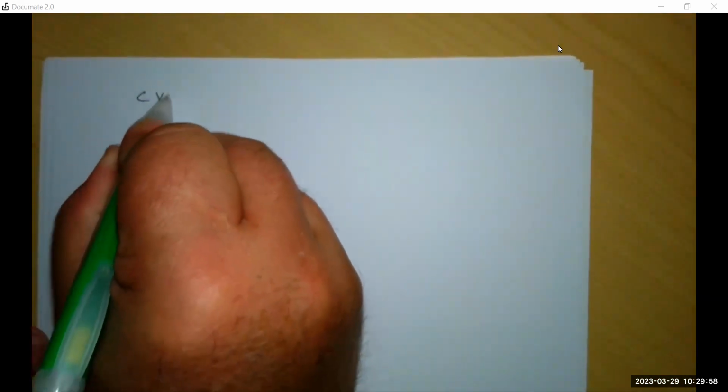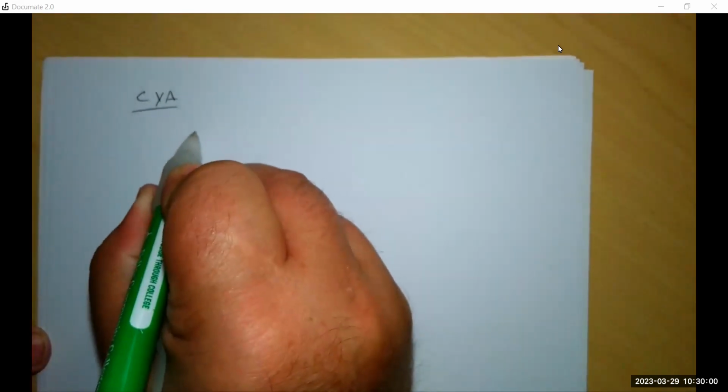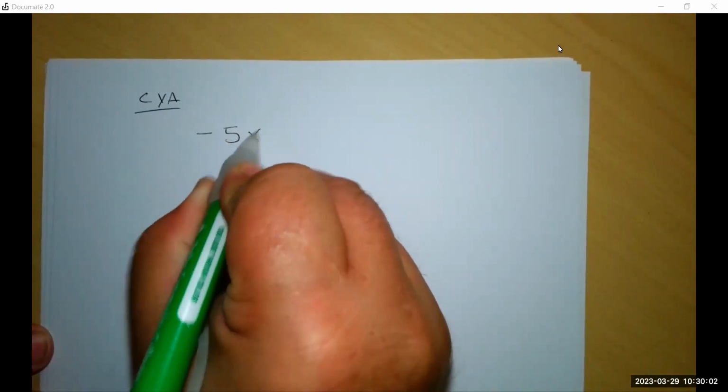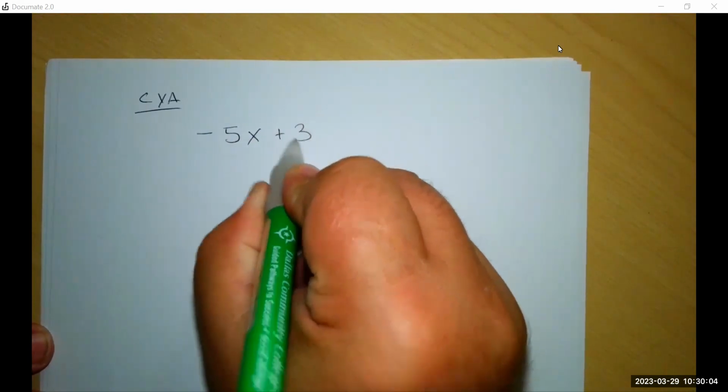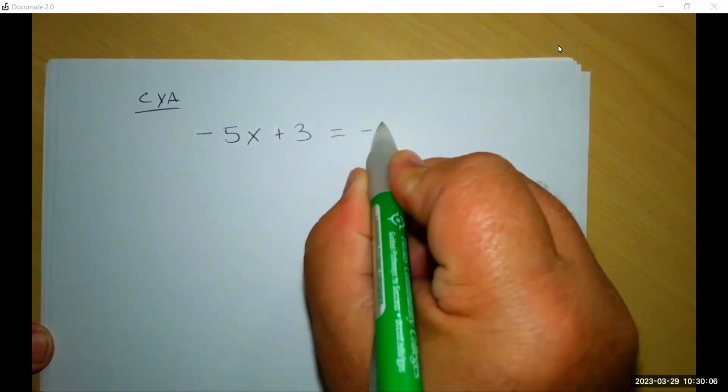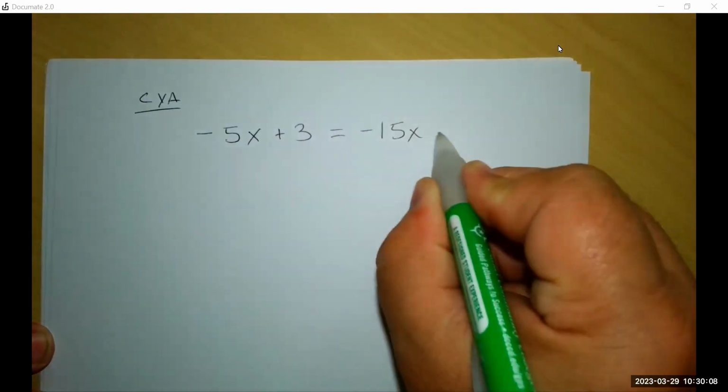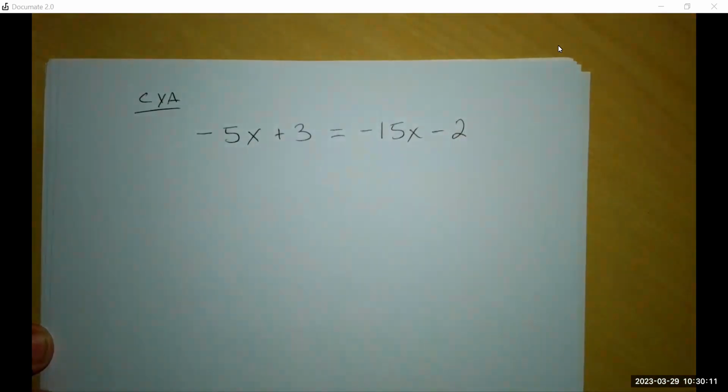All right, let's look at how we would check that answer. The original question was -5x plus 3 equals -15x minus 2.